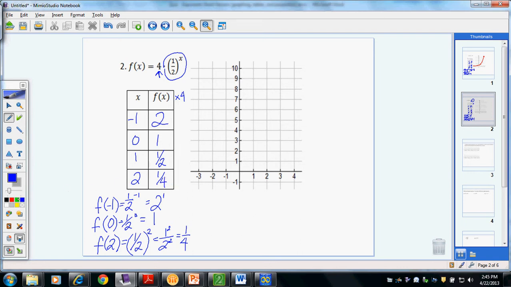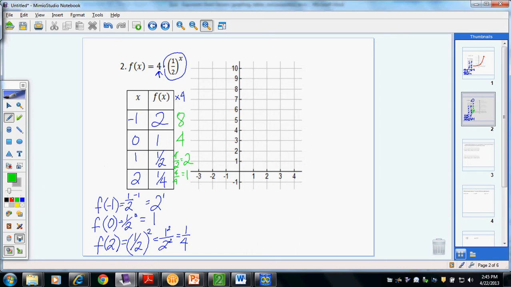Now let's multiply everything by this 4 right here. So 4 times 2 is 8. 4 times 1 is 4. 4 times 1/2 is 4 over 2, which is really 2. And 4 times 1/4 is 4 over 4, which equals 1.